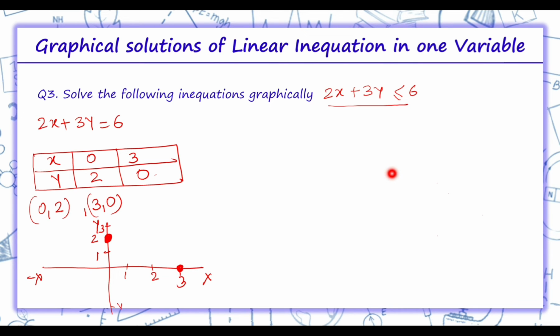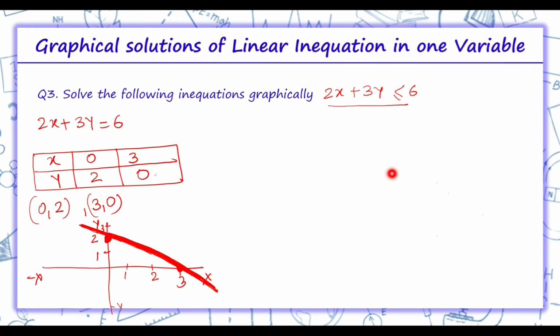Now we will join these points. The next step: since it is given as equals to, we will draw it as a thick line. If equals was not given, and only greater or less than was given, we would have drawn this line as a dotted line.